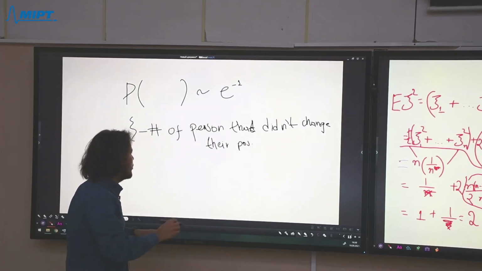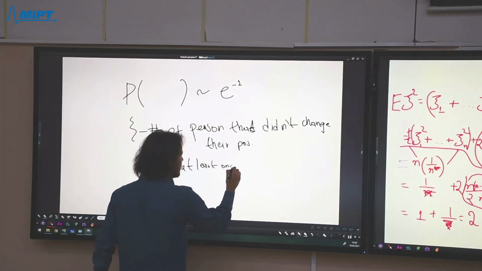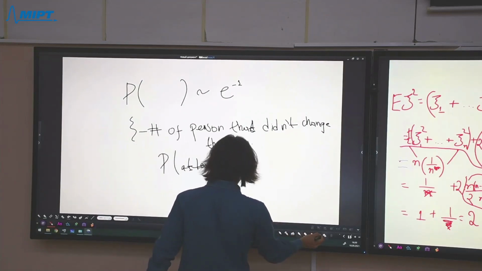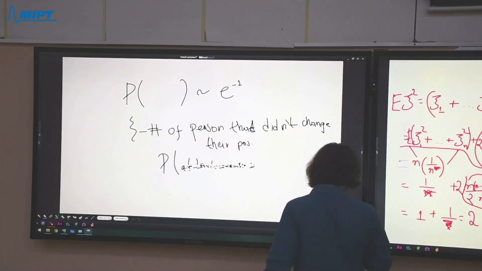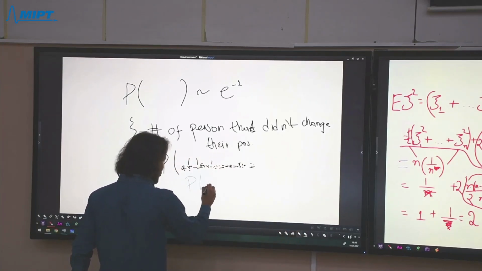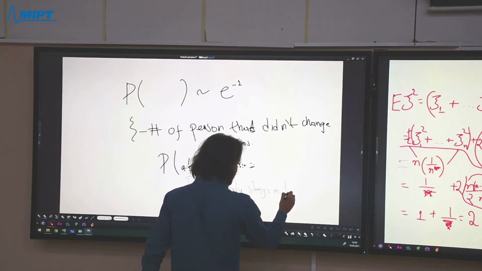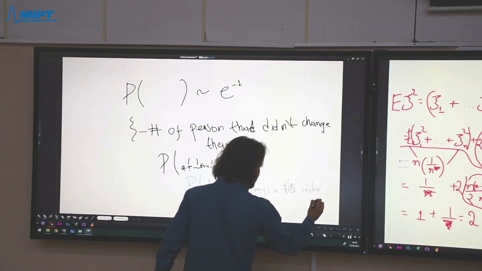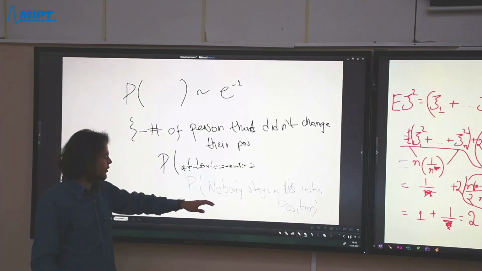In that case, we want to find the probability that nobody stays in its initial position. Yes, that's the probability that we look at there. So this is different.